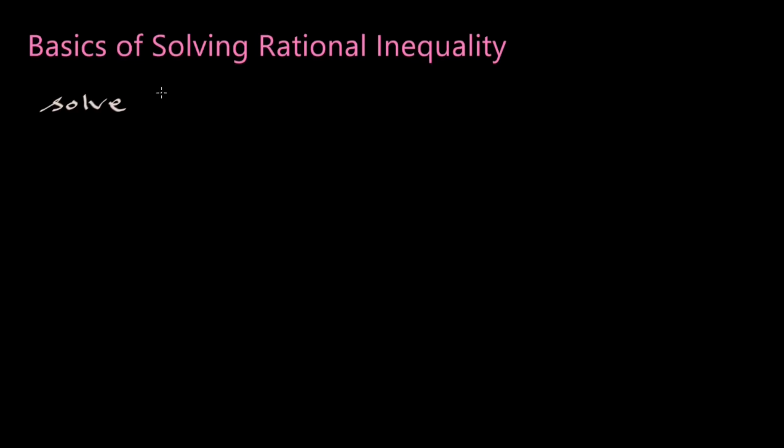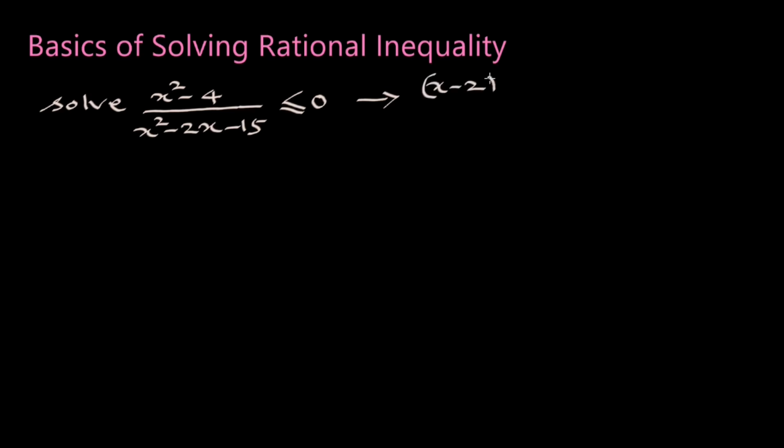Solve x square minus 4 upon x square minus 2x minus 15 less than or equal to 0. We rewrite this by factoring numerator and denominator. So it will be x minus 2 into x plus 2 upon x plus 3 into x minus 5 less than or equal to 0.